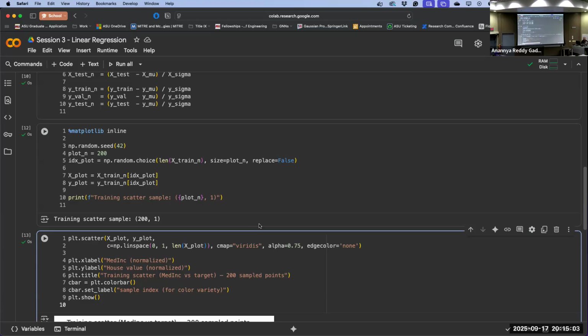It's good that you're observing them so that next time you know what the issue is. Is everyone done with the plot? The last cell, where we are plotting the graph.